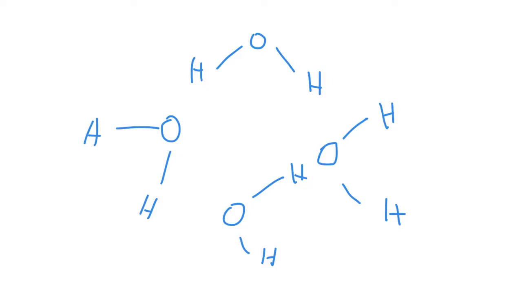This hydrogen bonding between water molecules results in a very spread out crystal structure when water solidifies. So solid water is a lot less dense than liquid water because as it solidifies, these hydrogen bonds fix the molecules in place and the structure is less dense than in liquid water where the molecules are still moving around each other or jiggling around each other.